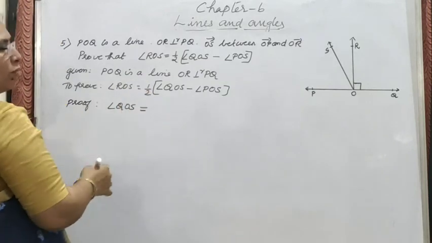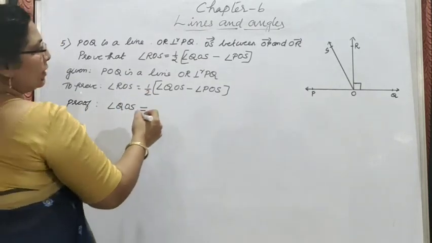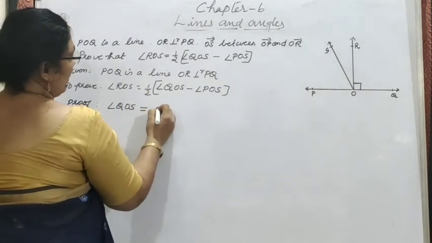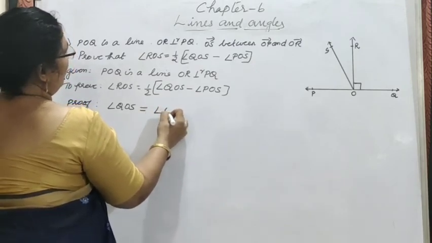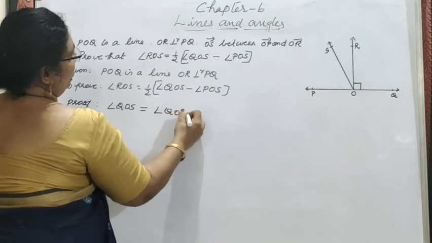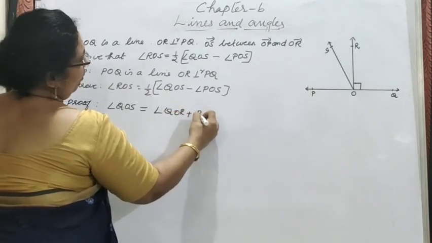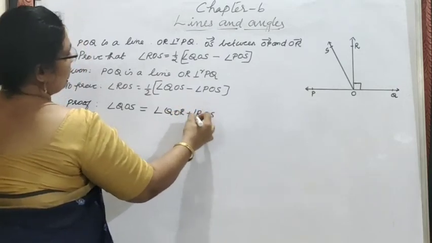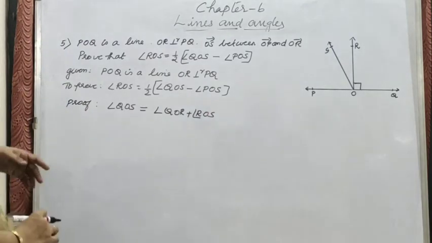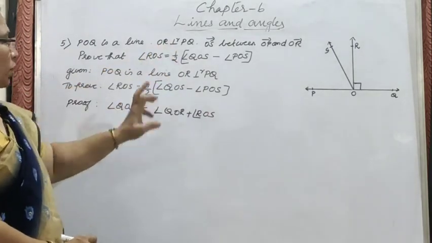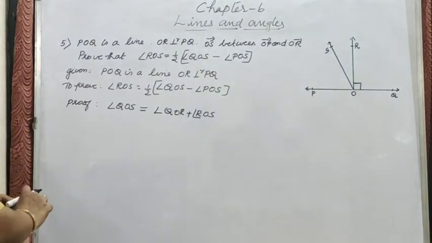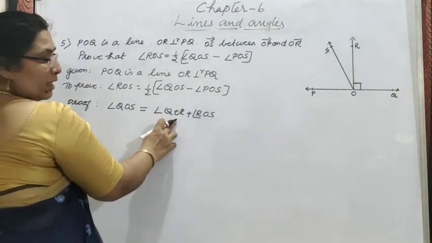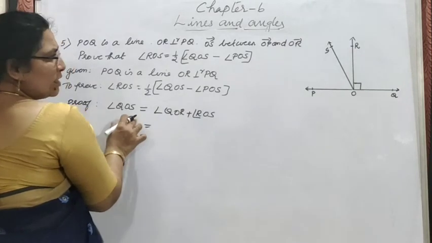If you see the figure, I can split that angle as QOR plus ROS, right? It is already given that OR perpendicular to PQ, angle QOR plus angle ROS. Angle QOR is 90 degree, right? So it is just a figure only.